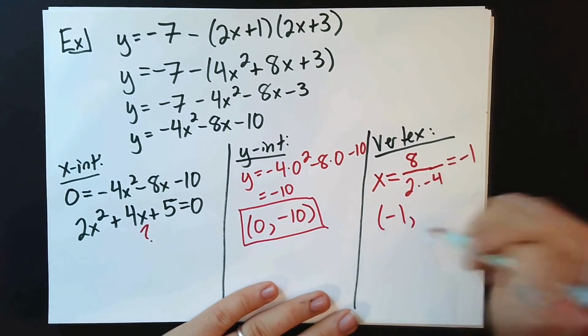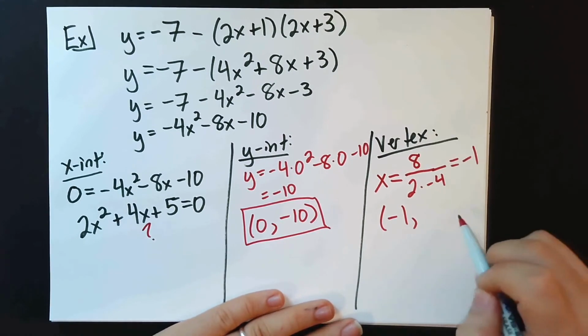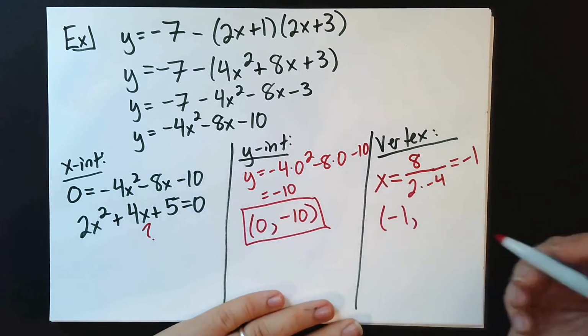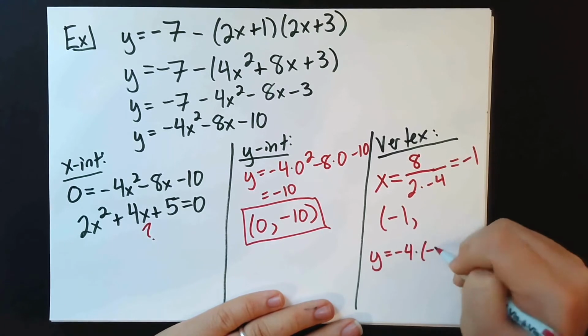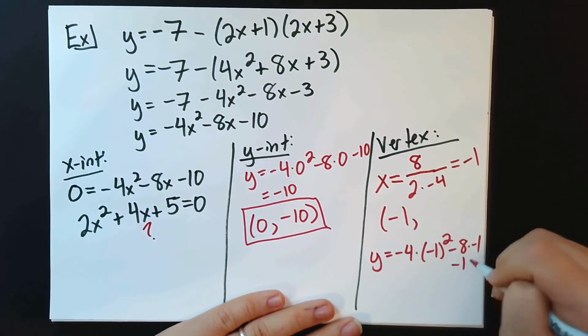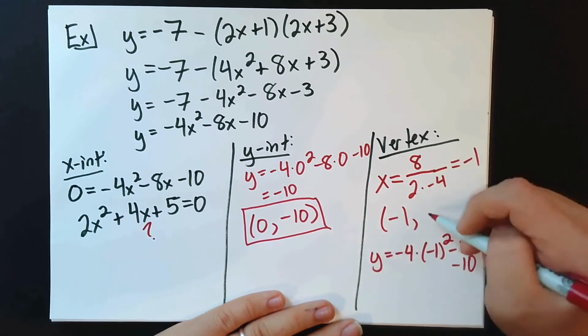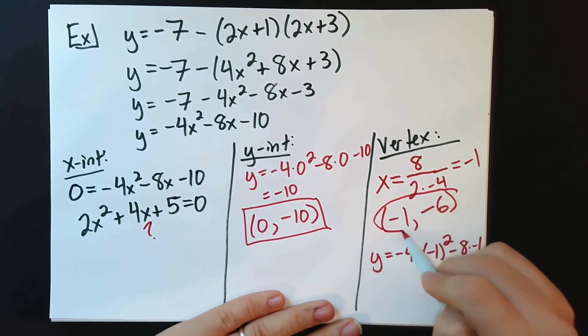And so my vertex is at minus 1, comma, and then I need to plug in minus 1 here. So when I plug in minus 1, I get y is minus 4 times minus 1 squared, minus 8 times minus 1, minus 10. So this is minus 4 plus 8 is plus 4, minus 10 is minus 6. And that is my vertex.